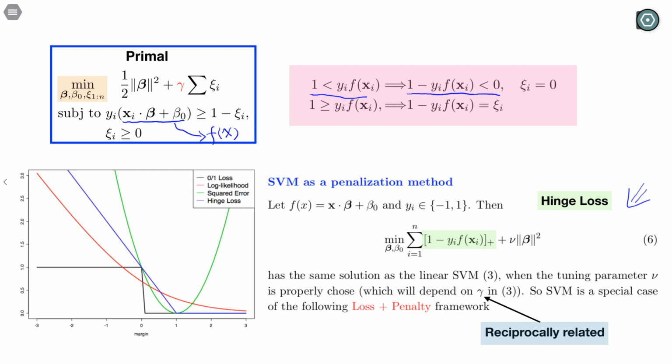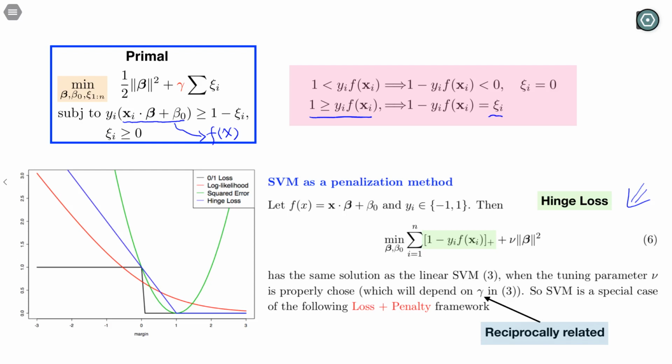And then xi is going to be 0, as we mentioned before. If the data are on the correct side of the line, the xi are going to be 0. On the other hand, if yi times f(xi) is less than 1, then 1 minus yi times f(xi) will be just xi.